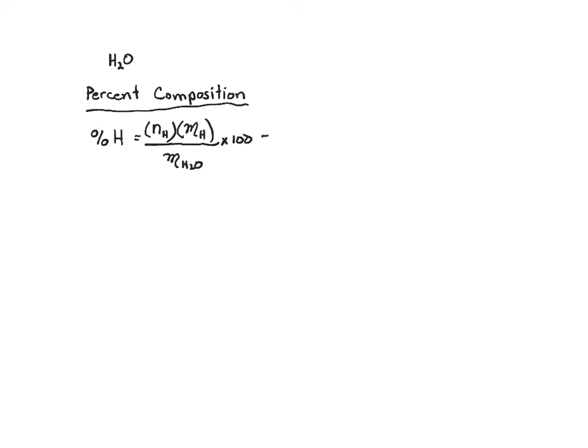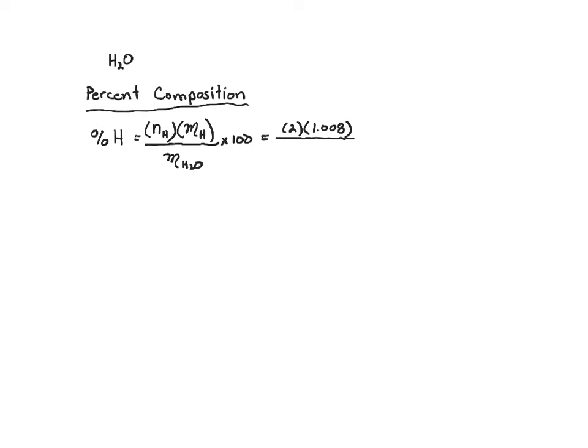Okay, so we have 2 atoms of hydrogen. The molar mass of hydrogen is 1.008, and that's grams, but we're not going to worry about that since all the units are going to cancel out here.